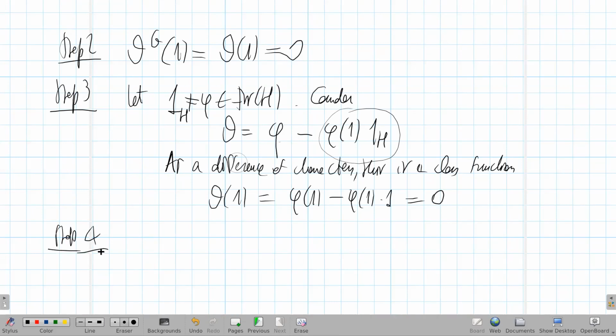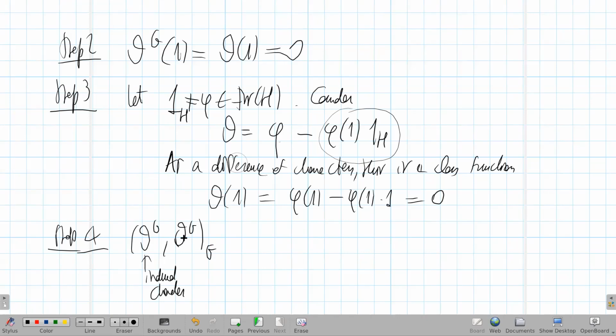In step 4, we consider theta, the induced character, and we consider the inner product of theta G with itself.